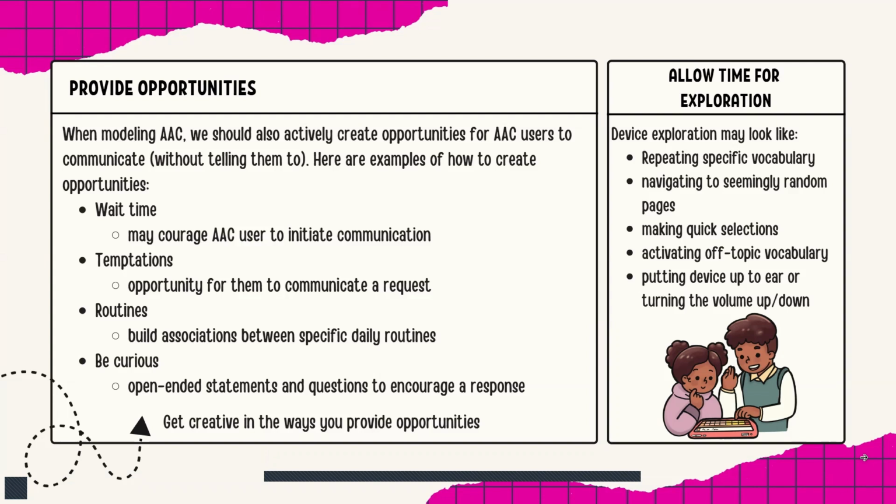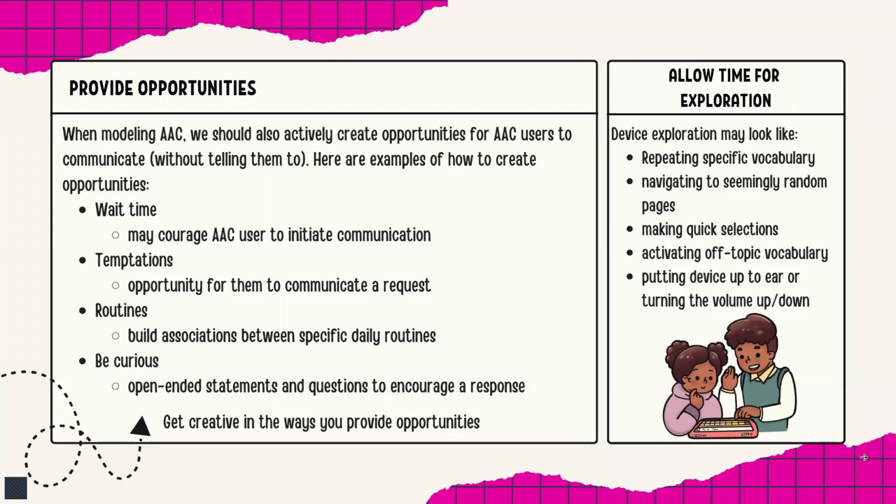When modeling AAC, we should also actively create opportunities for AAC users to communicate without telling them to. Here are some examples of how to create opportunities. Wait time. Sometimes giving an expectant look and providing wait time may encourage an AAC user to initiate communication.